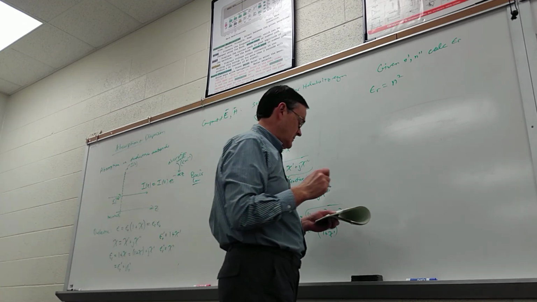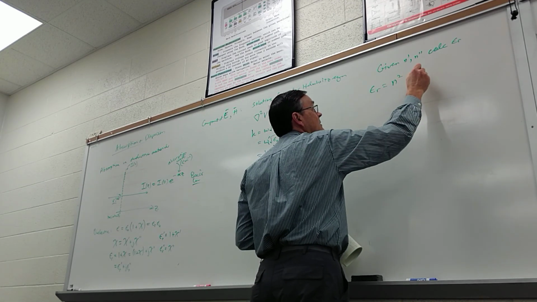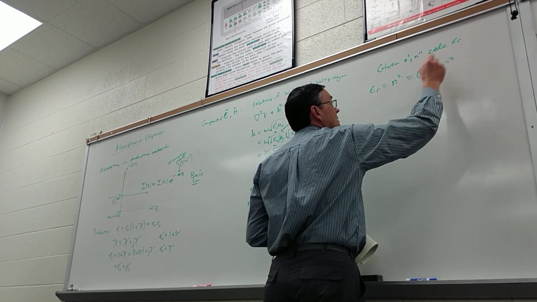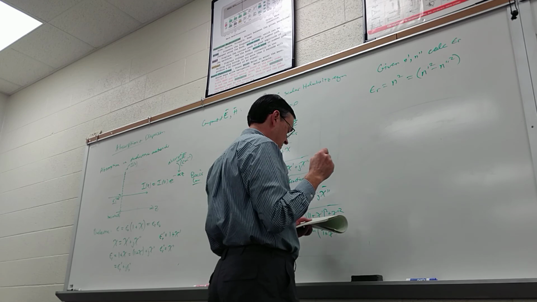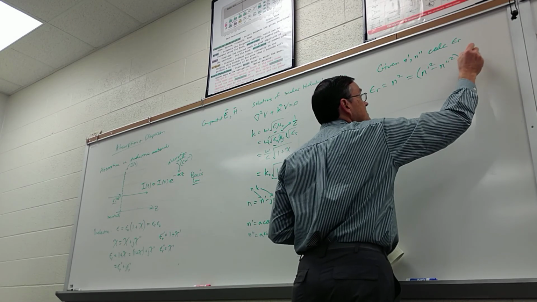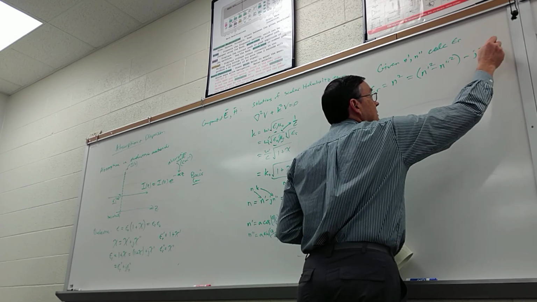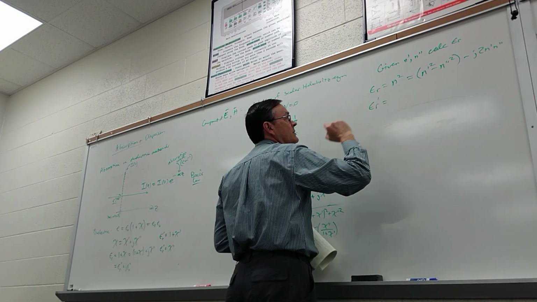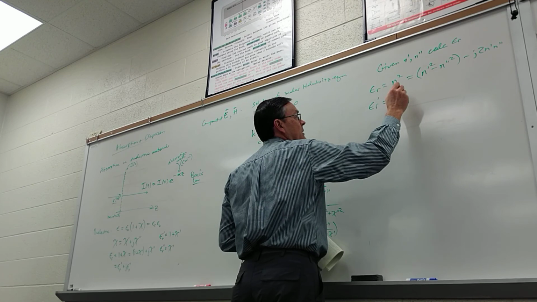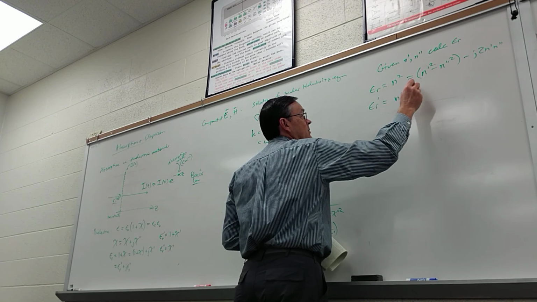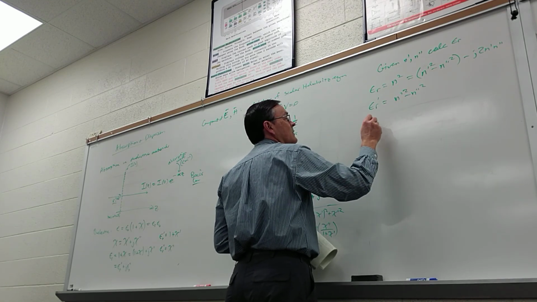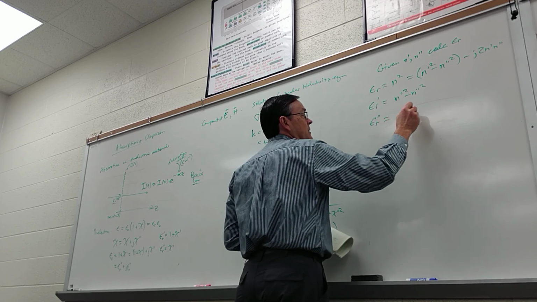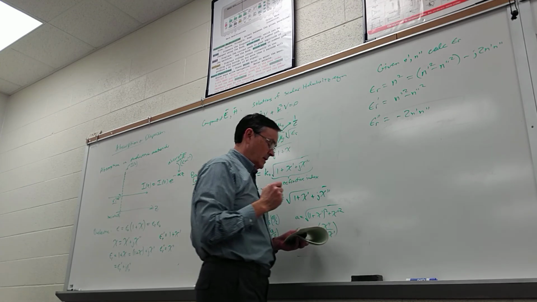And so that's going to be n prime squared minus n double prime squared, and then minus j 2 n prime n double prime. So clearly, the real part of the dielectric constant is n prime squared minus n double prime squared, and the imaginary part is equal to minus 2 n prime n double prime.